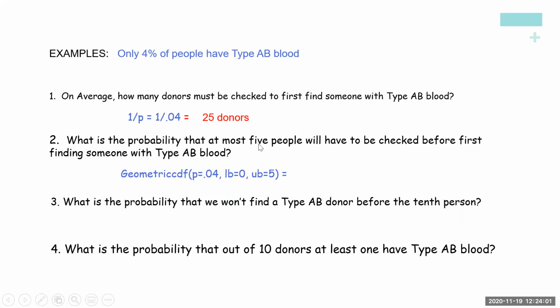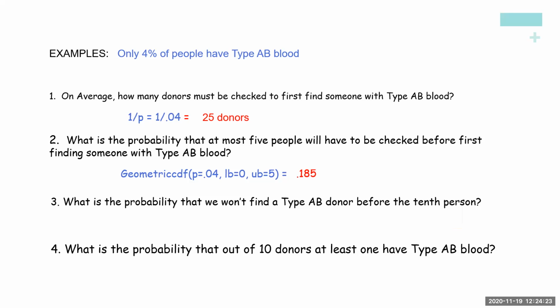Since it says at most 5, it goes from 0 to 5. So lower bound is 0, upper bound is 5. Again, you can go to menu, statistics, probability, and scroll all the way down to geometric CDF. The calculator should give you 0.185, or about 18.5%.